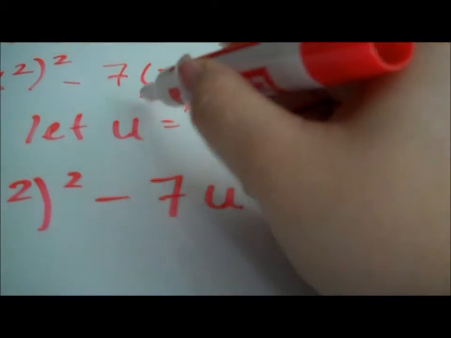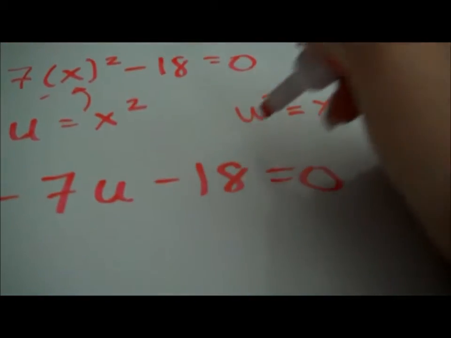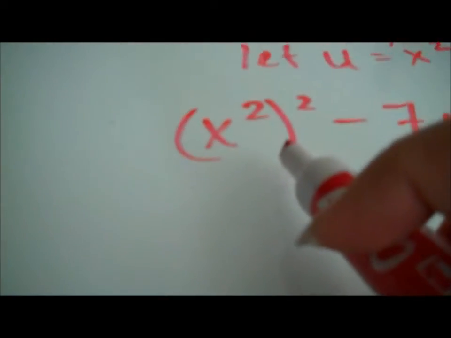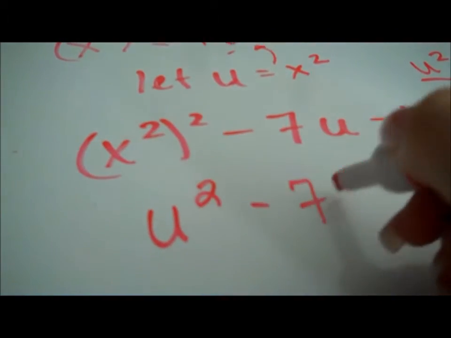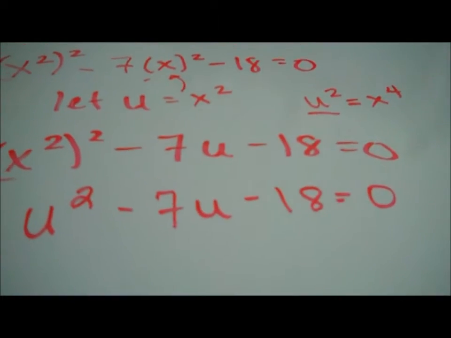Because if I square here and I square this, then that becomes x to the fourth. So that means u squared is going to replace this x to the fourth that's right here. So I can rewrite that as u squared minus 7u minus 18 equals 0.